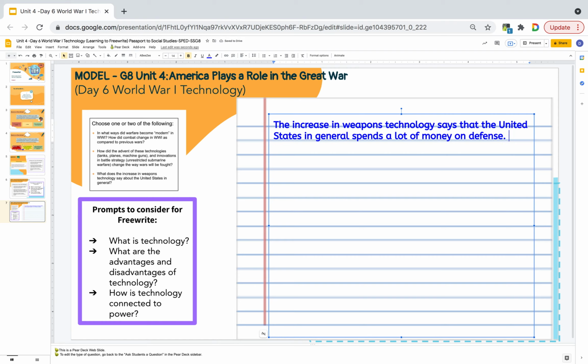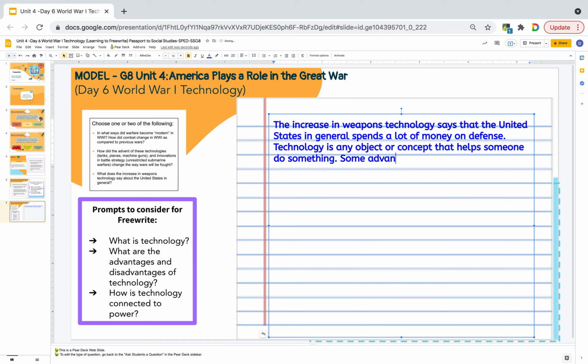Now, I've answered the question, but now I can move on to these prompts to extend my response. So what is technology? Technology is any object or concept that helps someone do something.